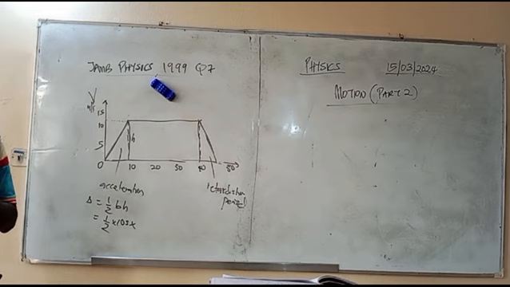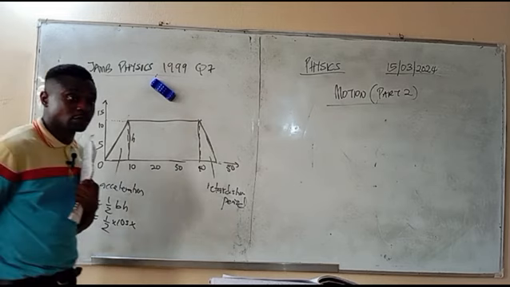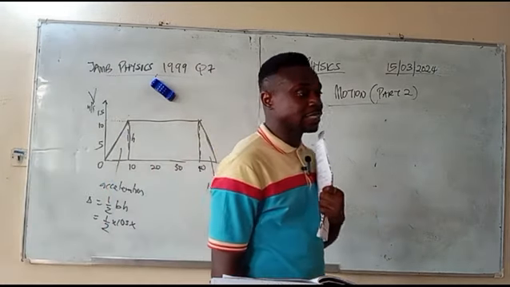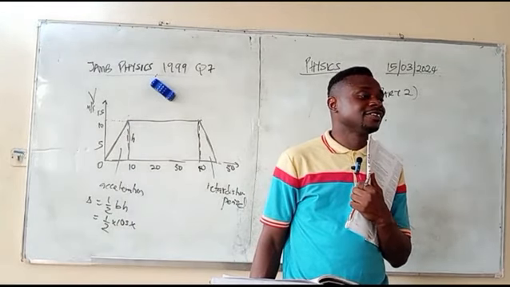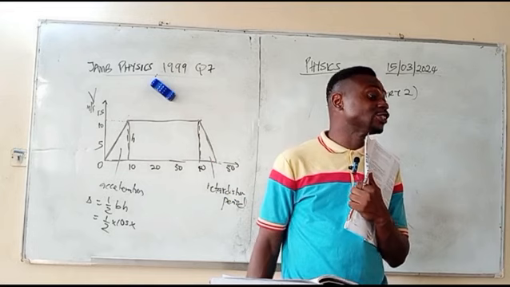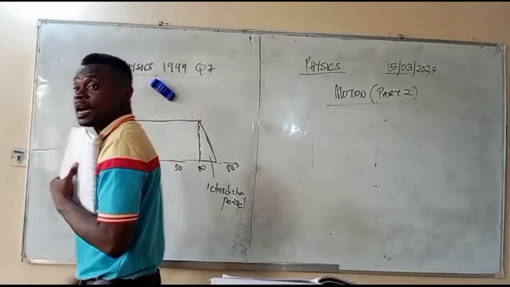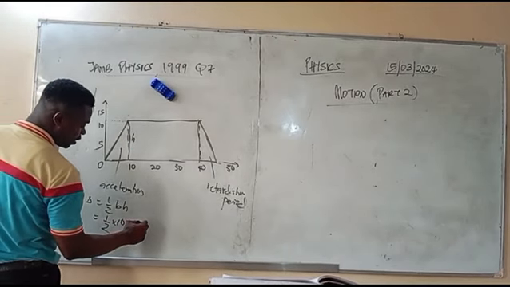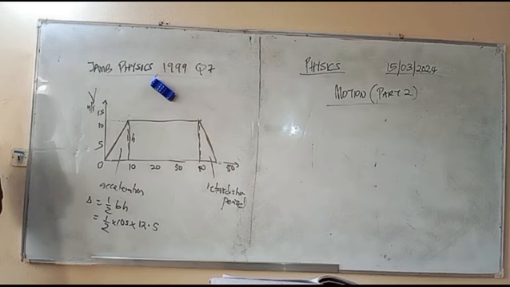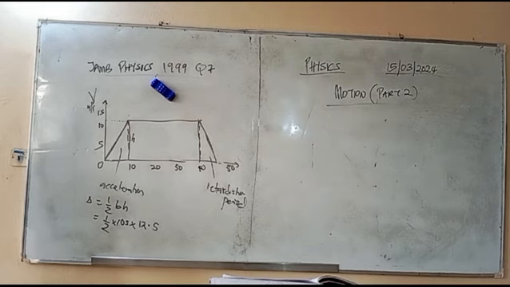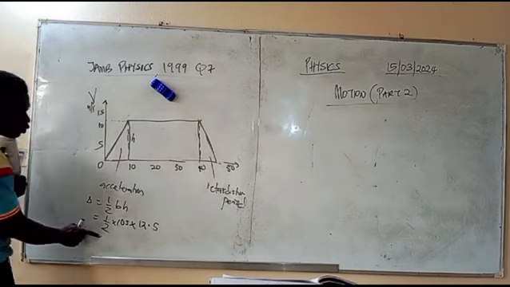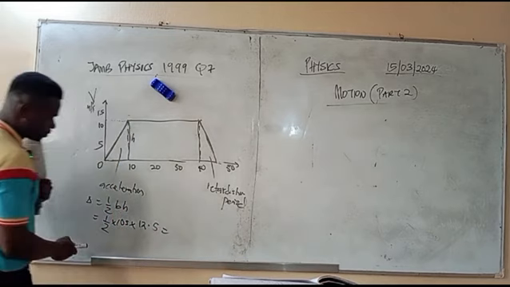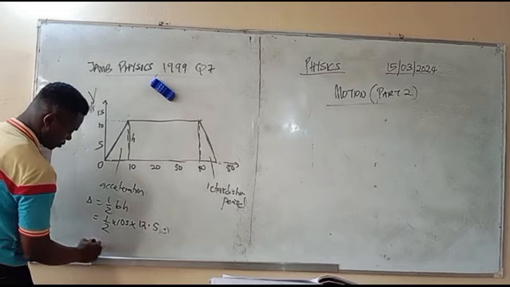Times 12.5, right? This is 12.5 seconds. 10 times 12.5 is 125. 125 divided by 2 is what?